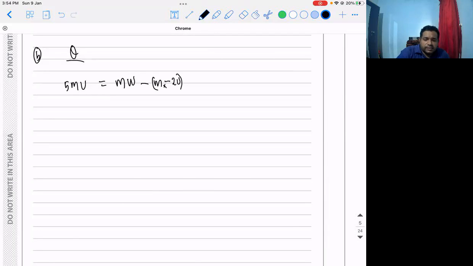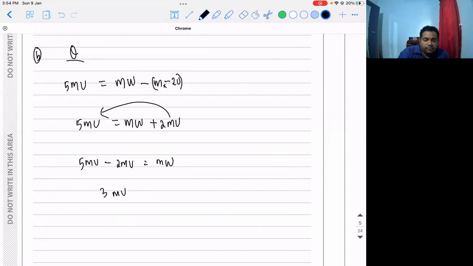So what happens, my dear students? This minus and minus got become positive. So 5MU is equal to MW plus 2MU. So you can bring this 2MU to this side. So 5MU minus 2MU is MW. That is 3MU is equal to MW. M got cancelled. So what is our answer for W? W is 3U.